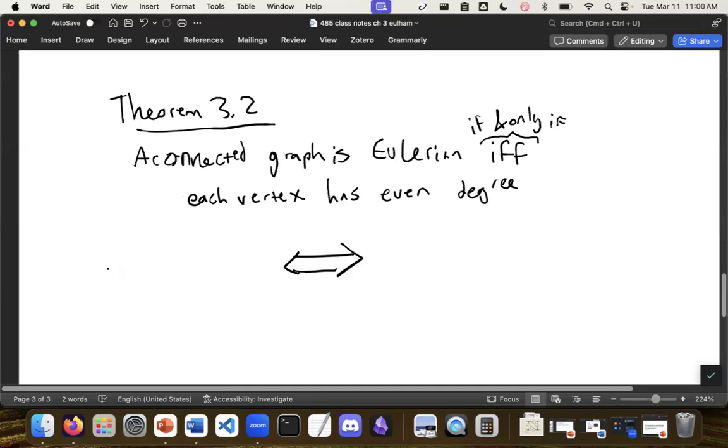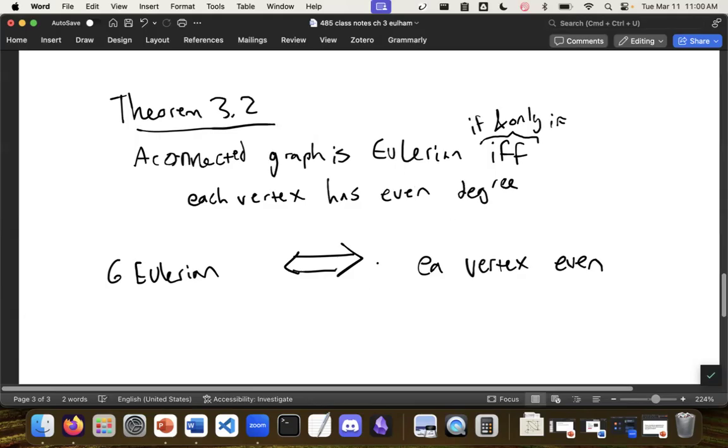So let's say G is Eulerian. That's one statement on one side of this. And then each vertex is even is on the other side of that. So one thing, IFF, the other thing.